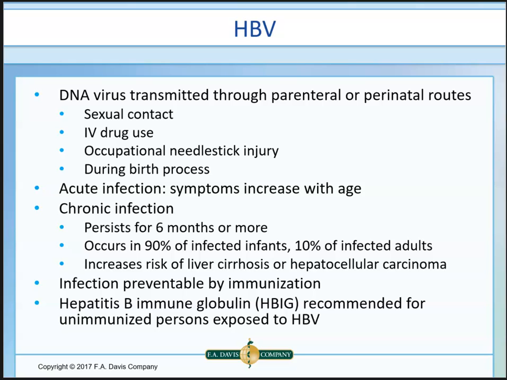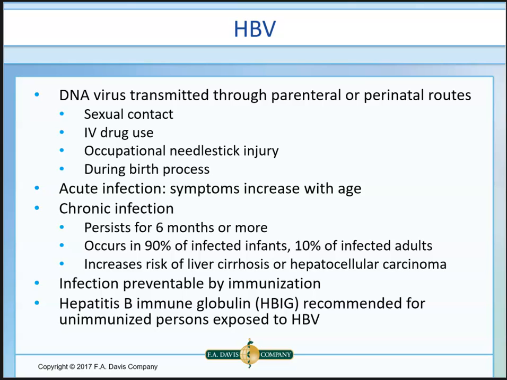Acute infection symptoms increase, so the older you get, the more symptoms you get. Now, the person can have a chronic infection. In other words, this lasts 6 months or more, and that occurs in infants and in infected adults. The infant gets it congenitally and then it passes on. With a chronic infection, you can have a chance of liver cancer, hepatocellular carcinoma, or liver cirrhosis.